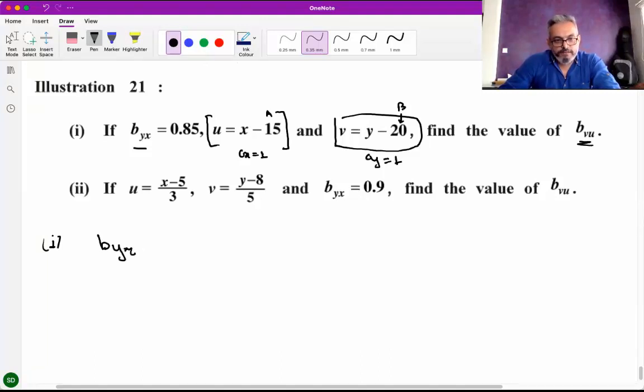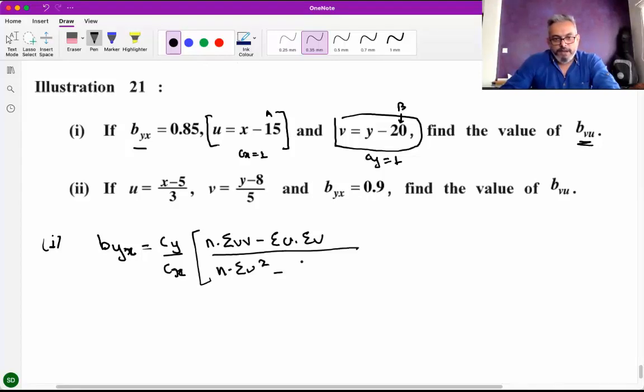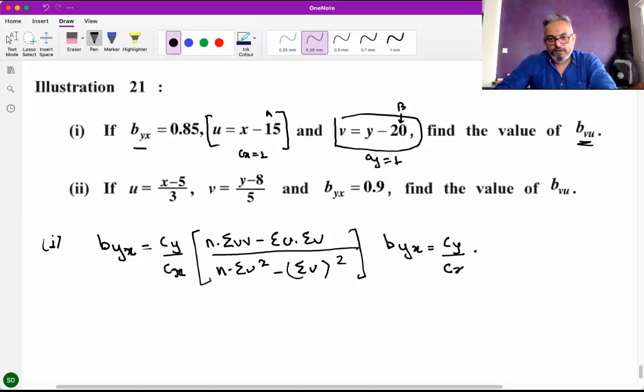b_yx is equal to, we used to write c of y upon c of x, and then we used to write the equation n sigma uv minus sigma u into sigma v upon n sigma u square minus sigma u the whole square. Now you can see over here that x became u and y became v. So we write this way, b_yx is equal to c of y upon c of x into b_vu.